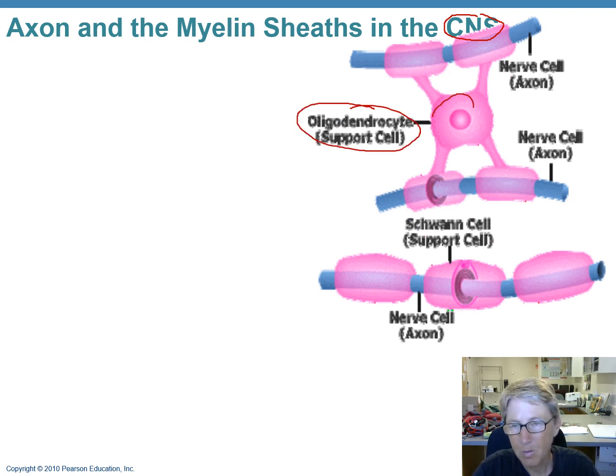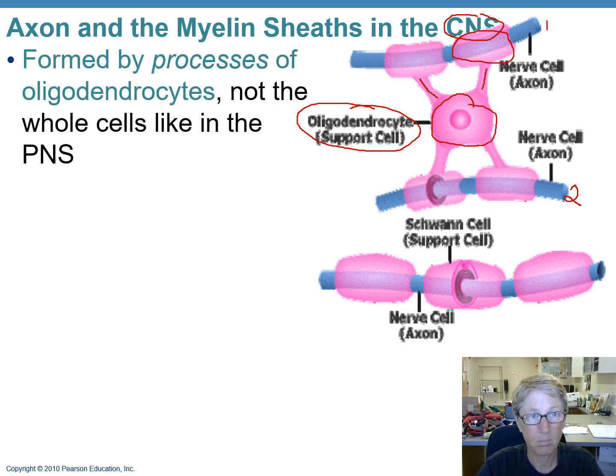And so this pink thing is an oligodendrocyte, and look, it sends out its processes here, and it wraps around an axon of neuron 1, but it can also send out a process and wrap around the axon of neuron 2, whereas the Schwann cells line up and they only wrap around the axon of, say, neuron number 1.